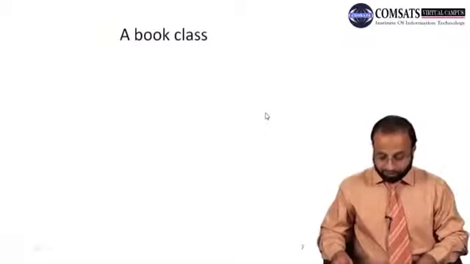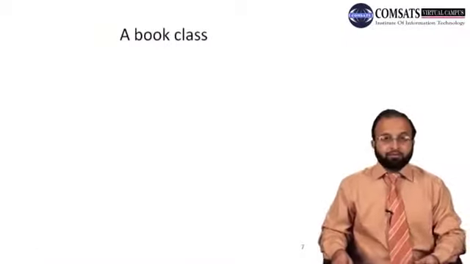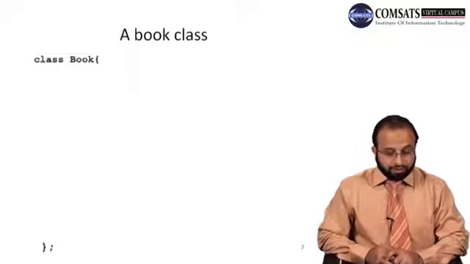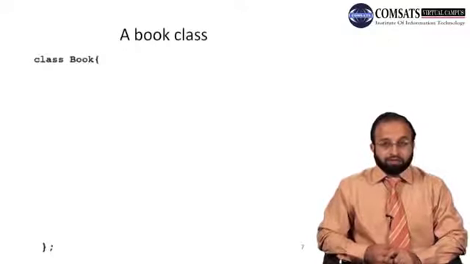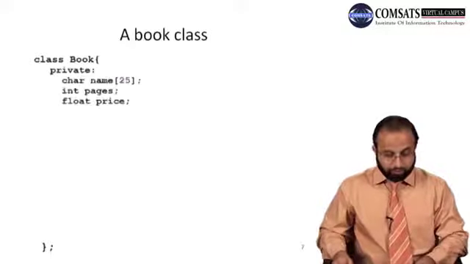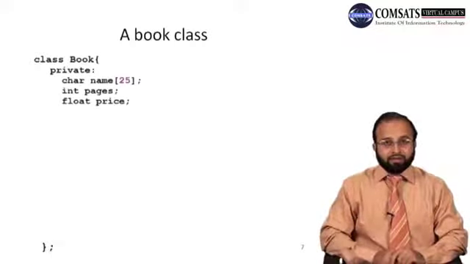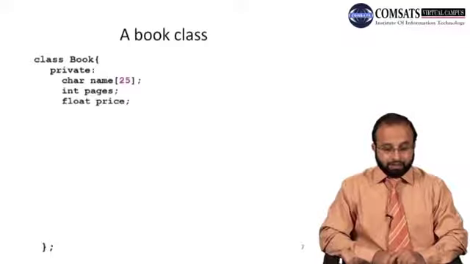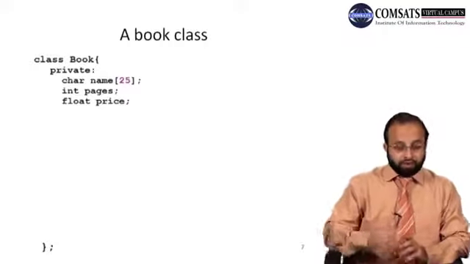Okay, now let's look at the book class, a simple book class. We use the keyword class, and then the name of the class is with capital B, the book. So we have some private data members in the class, and these are the attributes of any book.